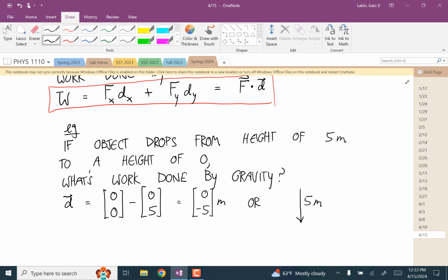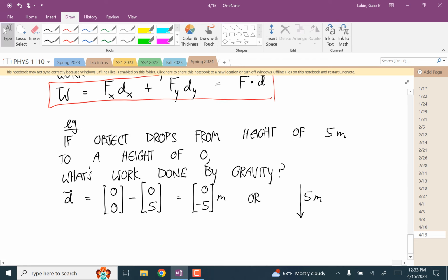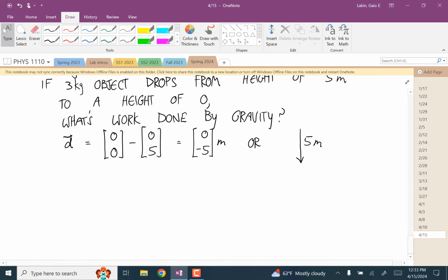We're looking for the force done by gravity. So what's the force vector of the object's weight? Oh, let's give it a mass. Let's say that it has a mass of 3 kilograms. So over this whole time, the force of gravity stays the same.